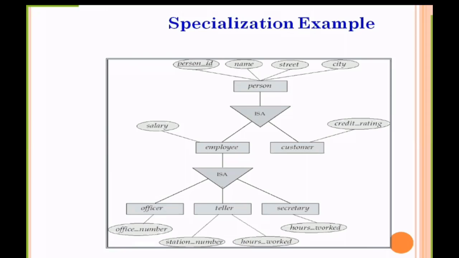So this is what generalization. We are combining properties of these two entity sets, employee and customer, and making it generalized in the form of the person entity set.